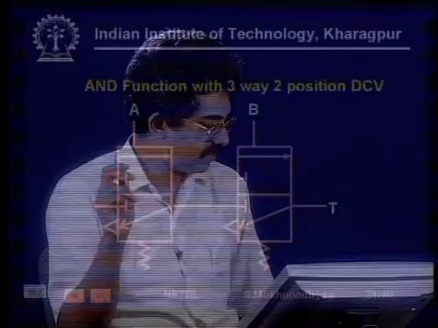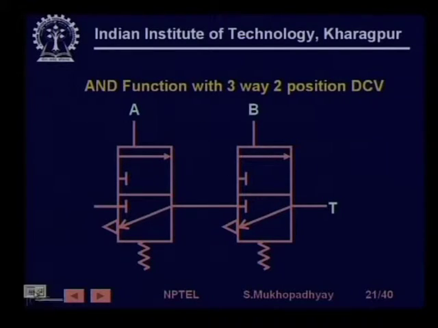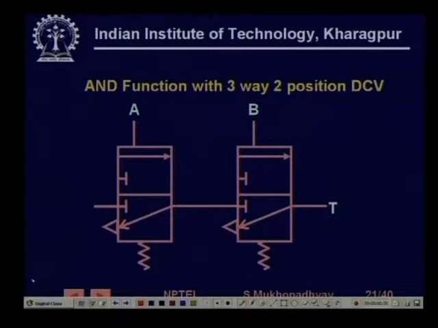This is a realization of an AND gate using 3-way 2-position direction control valves. What happens is that when both these pressures are on, then this is in this box and this is in this box. So, the supply directly goes to the tank.